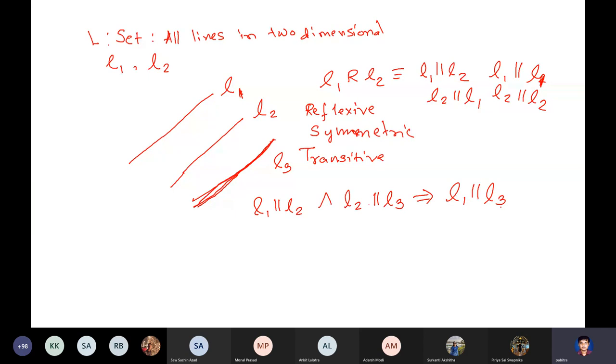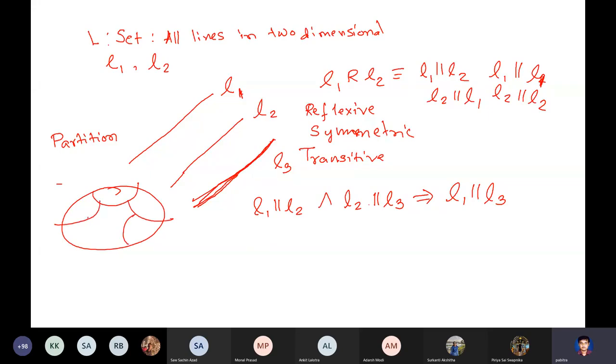So suppose among all possible lines in two dimensions, I group them. You have already talked about partition earlier. That means if you take a set and a collection of subsets which are exhaustive and exclusive, then they form a partition.